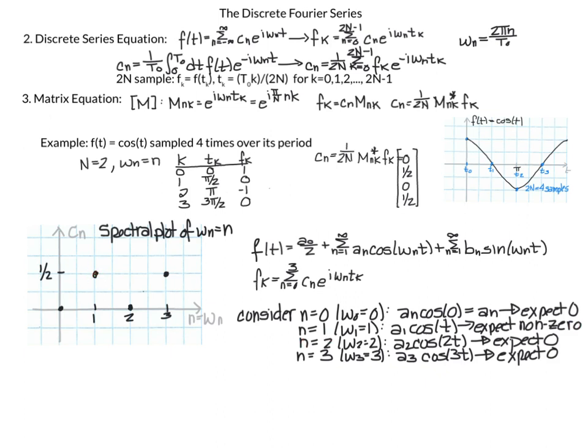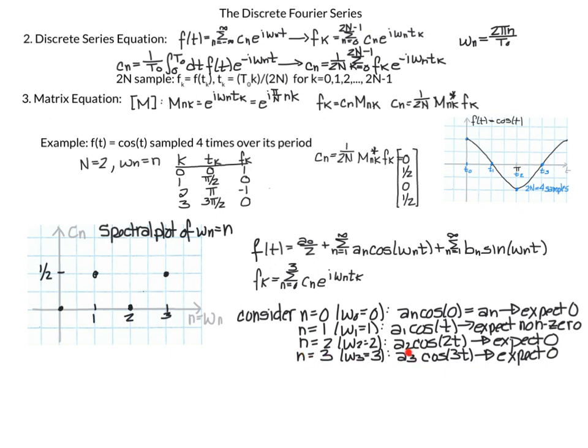Then n equals 2, omega 2 is equal to 2. So we have some coefficient a2 times cosine of 2t. And this we expect to be 0 because we're modeling a pure cosine of t frequency, so we expect nothing of cosine 2t, and that's why this is 0, which is what we have.